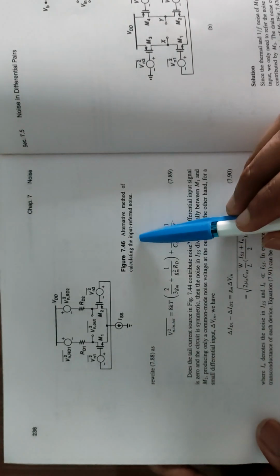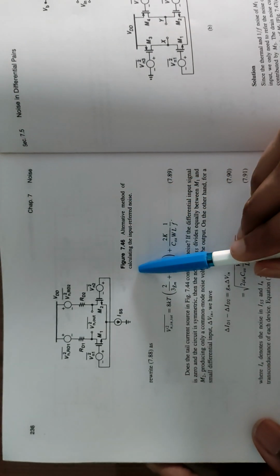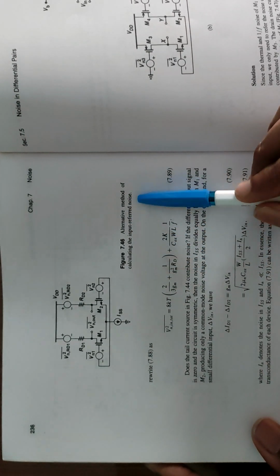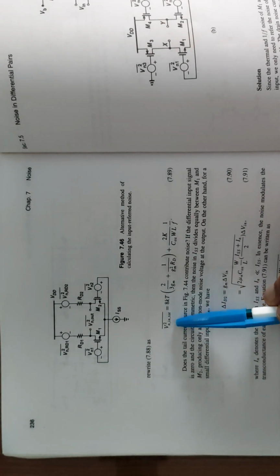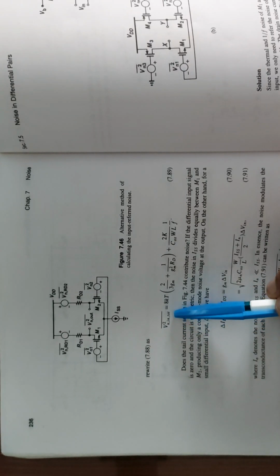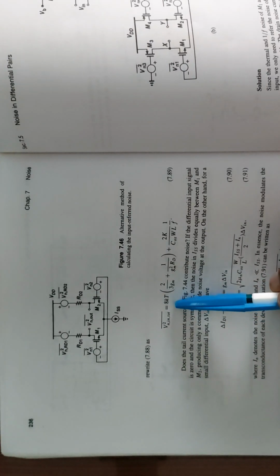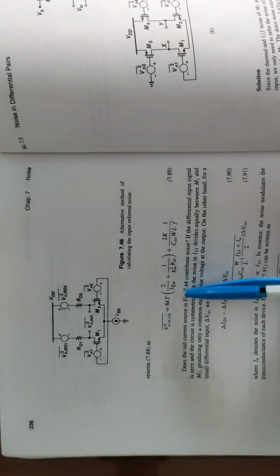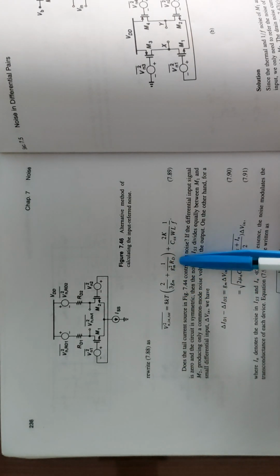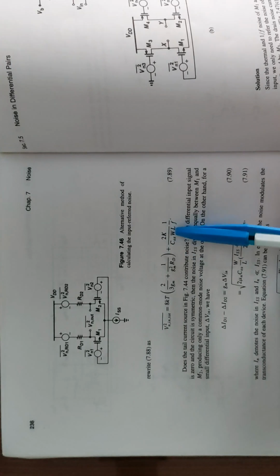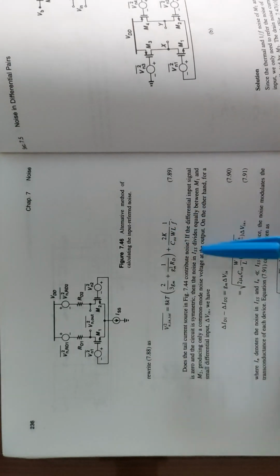Here you can see in this figure an alternative method of calculating the input referred noise. V_n,in squared bar is equal to 8kT (2 by 3 g_m plus 1 by g_m squared R_D) plus 2K by C_ox W L times 1 by f.